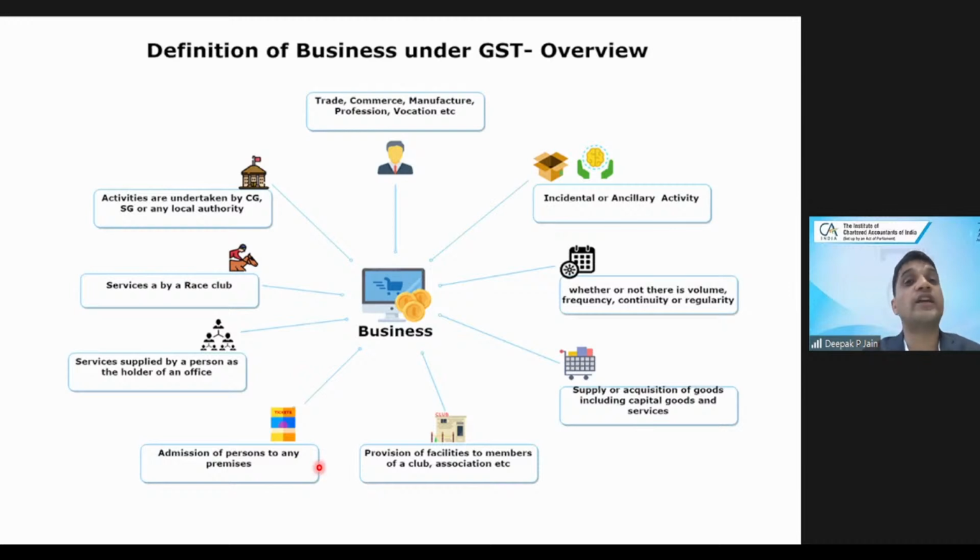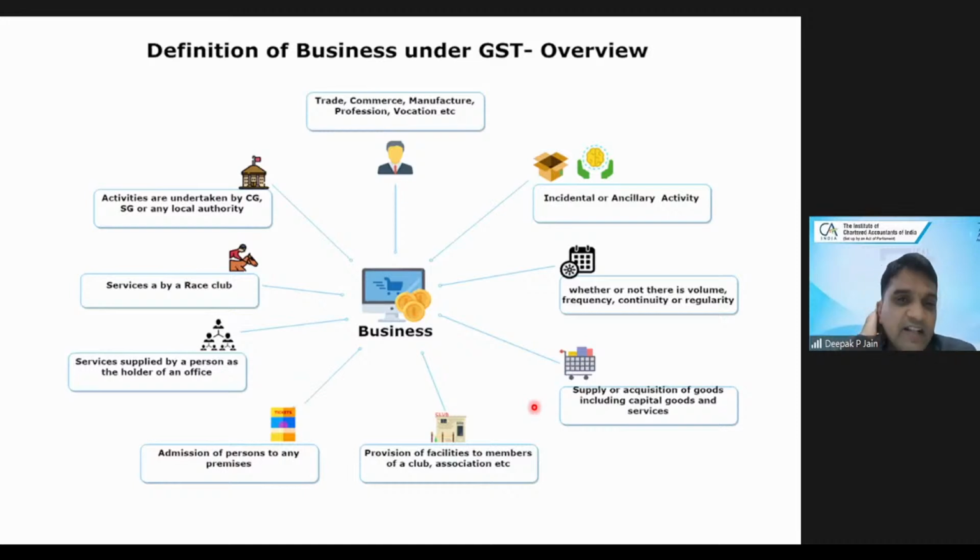Still, he is holding the position of an independent director. He is holding the office of a director. The director's office position itself that he is holding is also covered as business. So services supplied by a person as holder of an office is also business. Then, services by a race club. If a race club provides any services, that is also there.